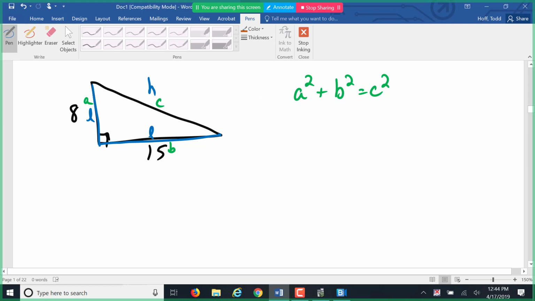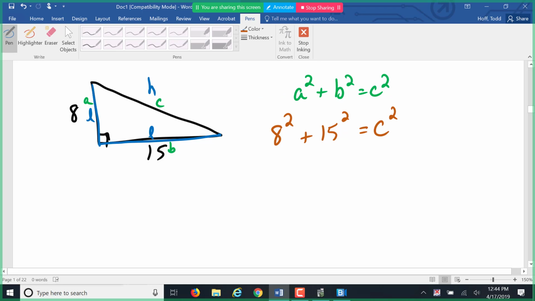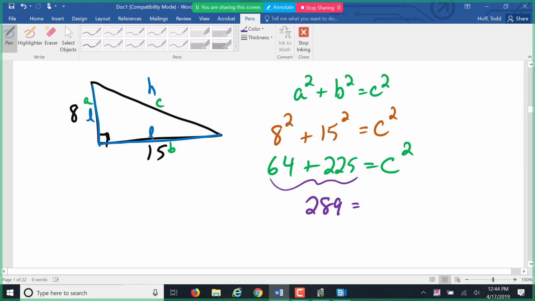And we use those radicals to solve this, because it becomes 8 squared plus 15 squared equals C squared. And of course, you square the 8 to get 64, the 15 to get 225. You combine the 64 and 225 to get 289 equals C squared.